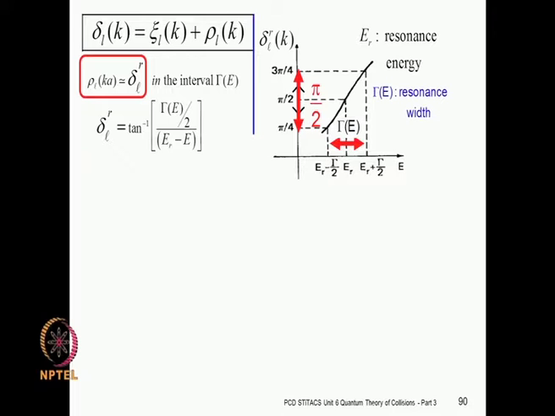Both xi and rho in general are slowly varying functions of energy, but at a resonance rho becomes such that it changes rapidly, and that is when I refer to it as a delta with a superscript R to remind me that that is a special case of the resonance feature of the other dynamical phase shift, which is rho.